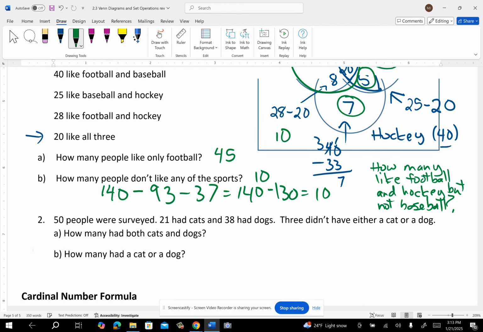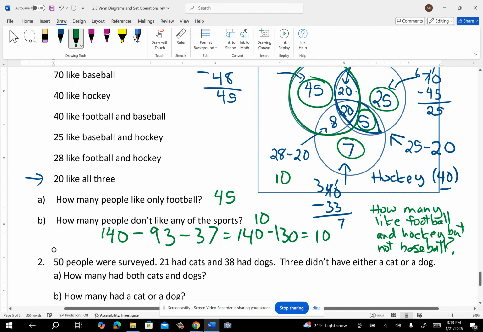Okay, football and hockey, both at the same time. Football and hockey would be here. But they can't like baseball, so you have to not think about those 20, and the answer would be 8.